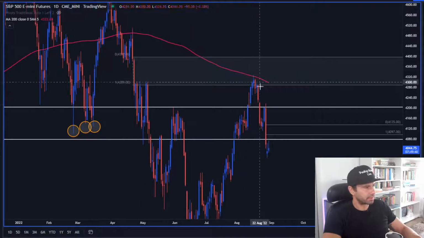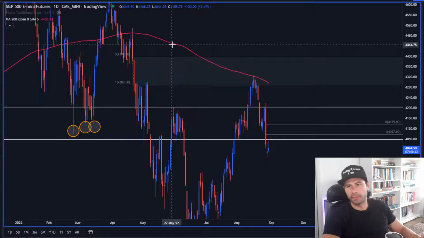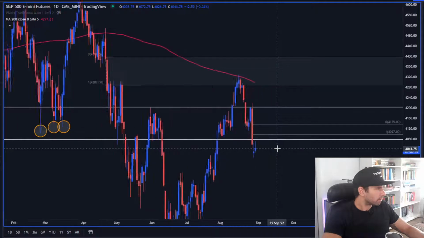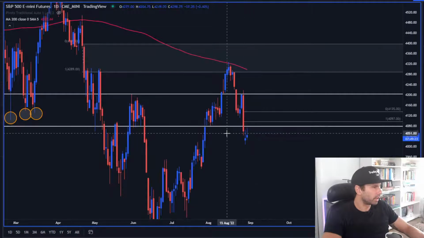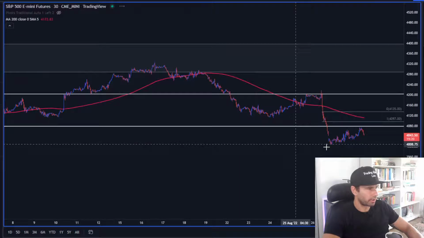We just tapped it and started to fall from there. I don't use moving average for my day trading, but I like them on the daily chart sometimes to see how algorithms are trading. So for me, the white line right here is a pretty important area of supply. And let's go to the 30 minute.